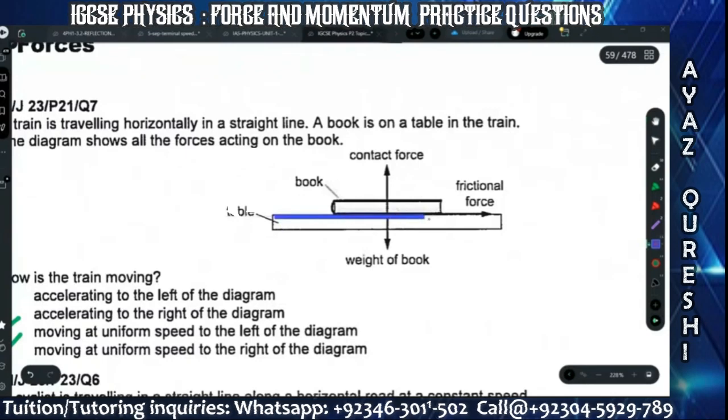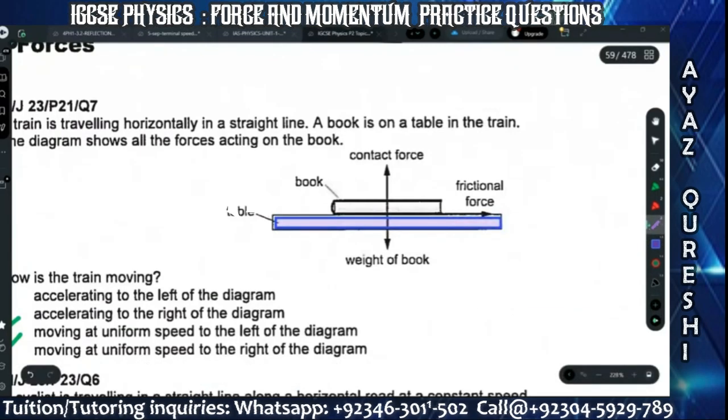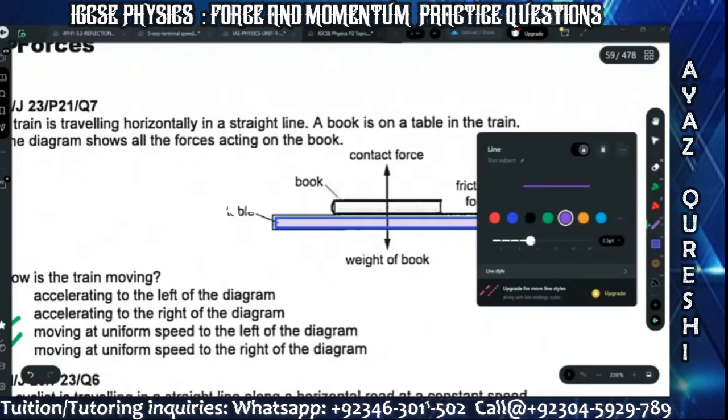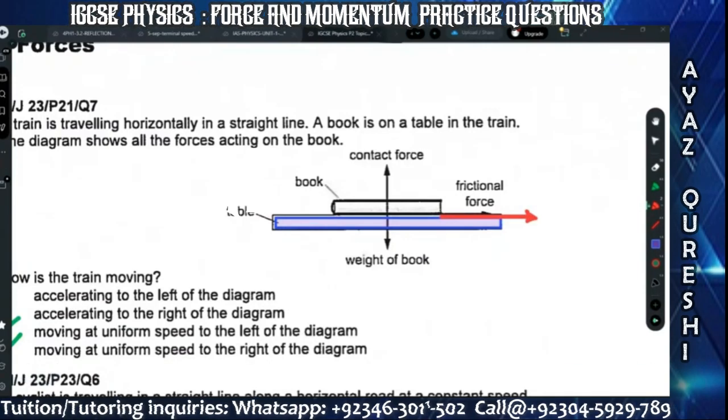Do you see that there is a force mentioned there? There is a resistance force mentioned. I'm going to make a bit thick arrow. That is the resistance force. This resistance force means frictional force, so the book wants to move in which direction?